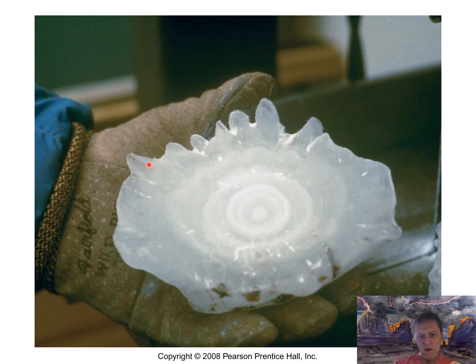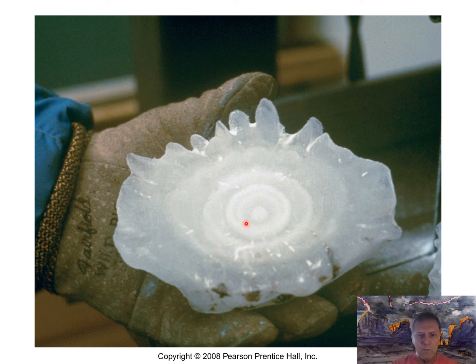Here is a very, very large hailstone. Notice this is cut in half. It's got concentric rings. The reason it's got concentric rings is hailstones can have a history within a cloud. They can form in the upper reaches of a towering cumulonimbus cloud as an ice crystal, and they can drop.